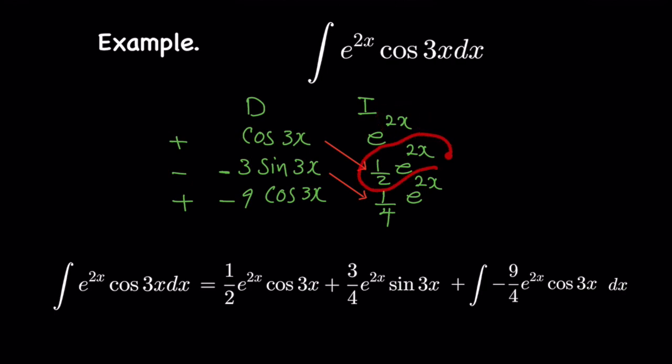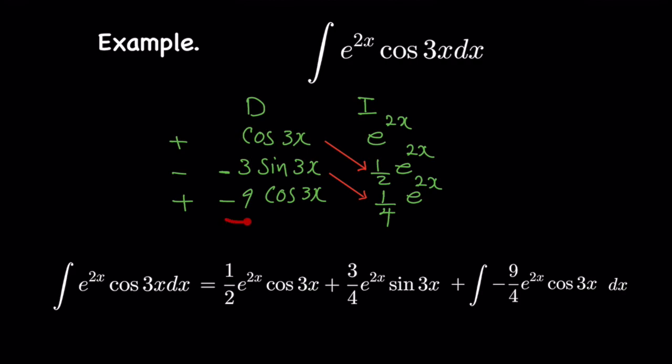So integral of e to the 2x is going to be 1/2 e to the 2x. I'm going to integrate this one more time. Again, the integral of e to the 2x is going to be e to the 2x divided by 2. So if you divide 1/2 by 2, you will get 1/4. And we also place these alternating plus and minus signs.